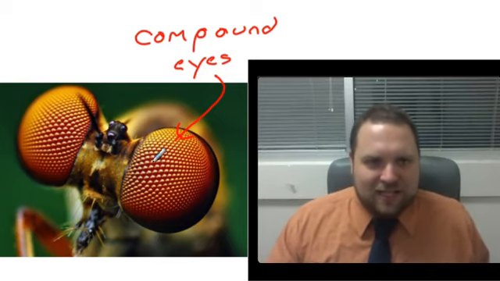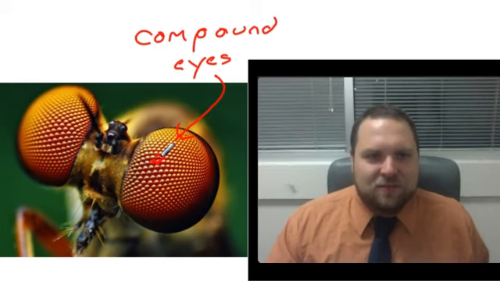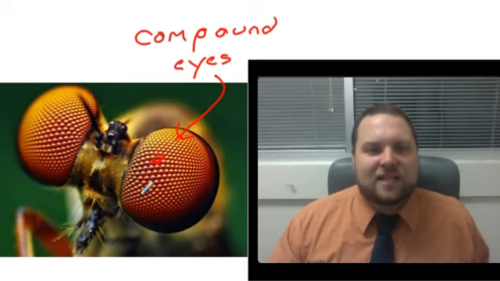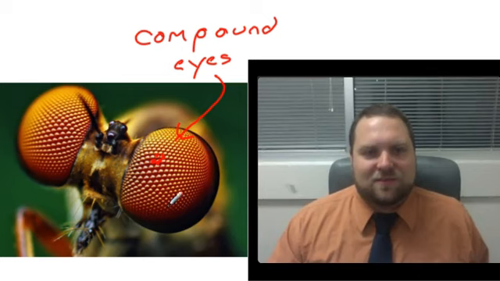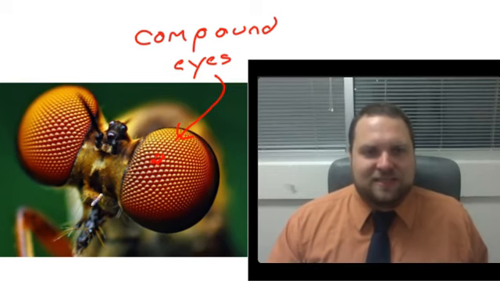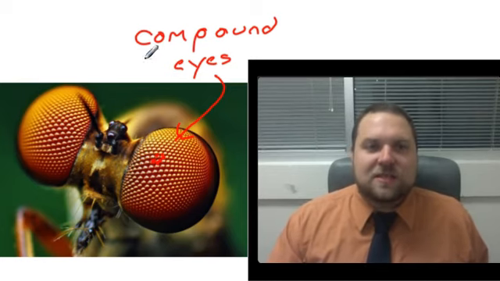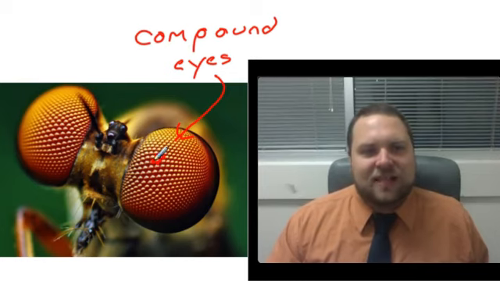Each one of these little tiny dots is itself an eye. These insects will have between tens and hundreds of eyes pointed in every direction, and their brain will take all of the input from those eyes and make one image, so that this creature can almost see 360 degrees around it. So these compound eyes are made of lots of little bitty eyes put together.